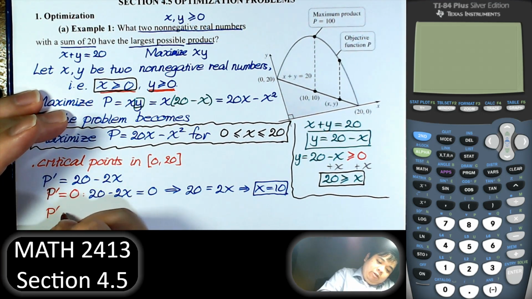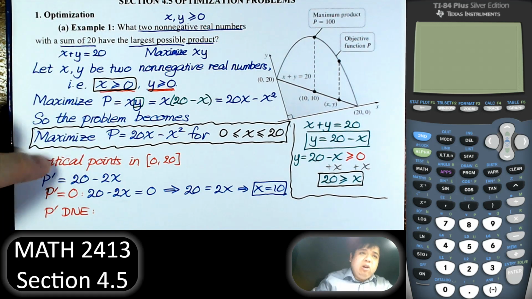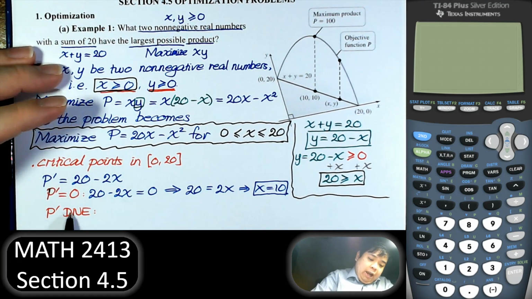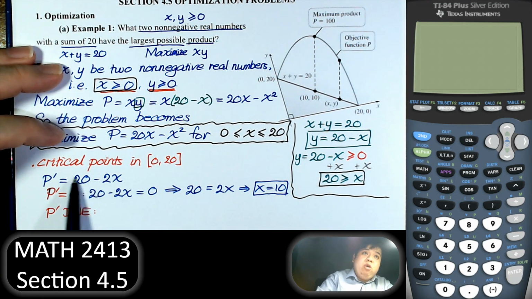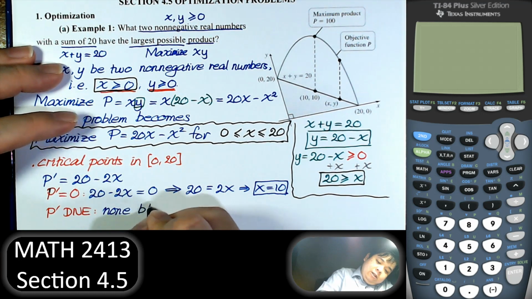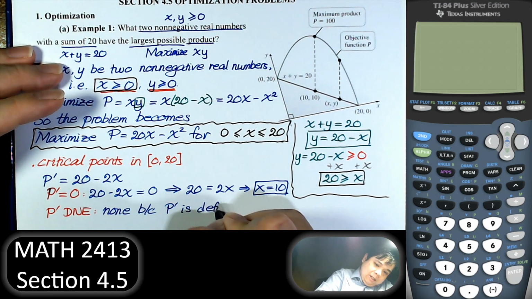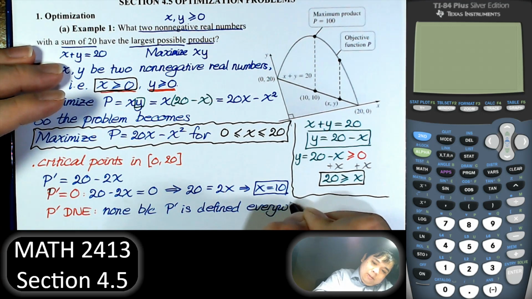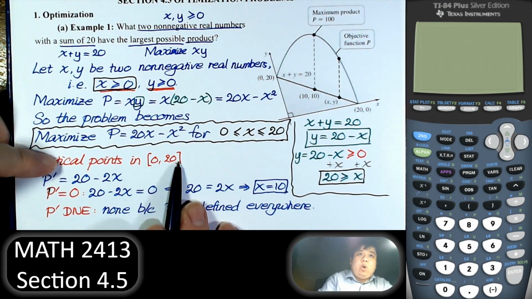Then, derivative does not exist. Derivative equal to 0 or derivative does not exist is very standard for critical points. This is a polynomial, defined everywhere, so the derivative is defined everywhere and we have none.